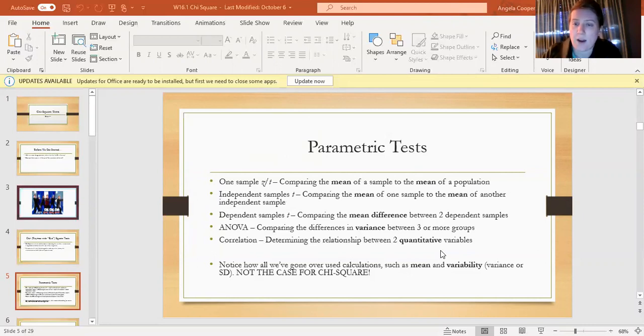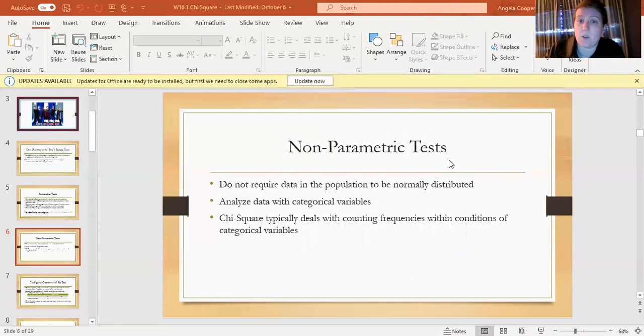But this is not the case with chi-square. As I mentioned, it is strictly categorical variables that we're working with. So we don't have to worry about means, variance, or standard deviation. It's more so we're looking at counts with non-parametric tests, with chi-square tests.